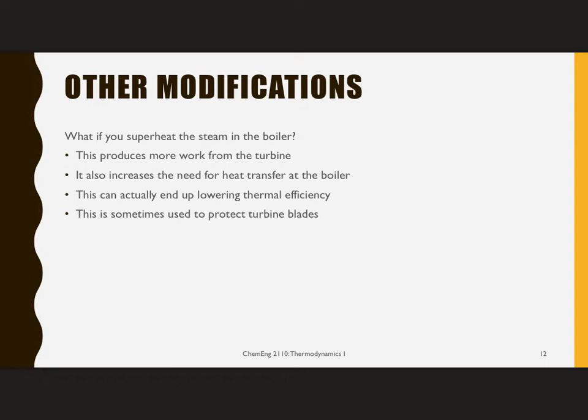This could be done by the initial design, but sometimes it's done in a working plant where they discover that they are starting to have these liquid droplets forming, okay, and get pitting on the blades, which is basically eating away at them slowly. And if that happens, a fix that you can take that is not too difficult is to bump up the heat input into the boiler. Yes, it's going to harm your thermal efficiency, but it will protect your equipment.